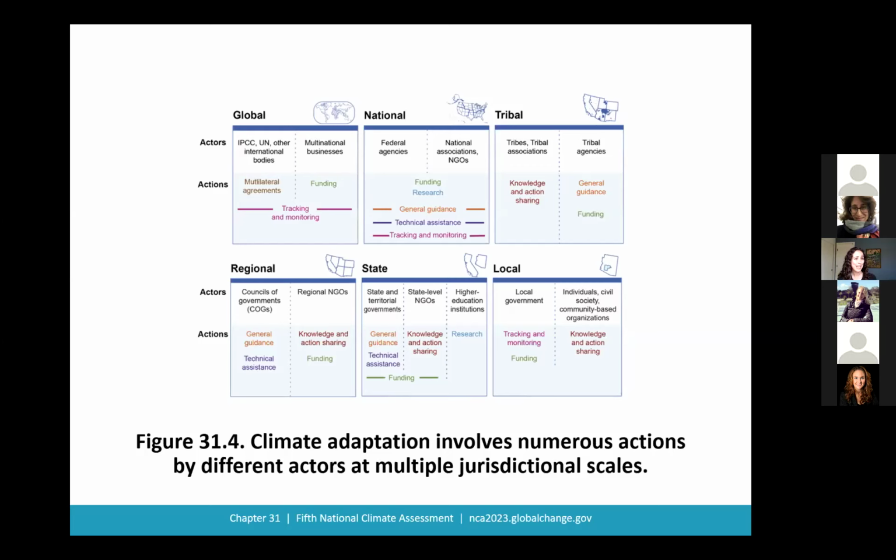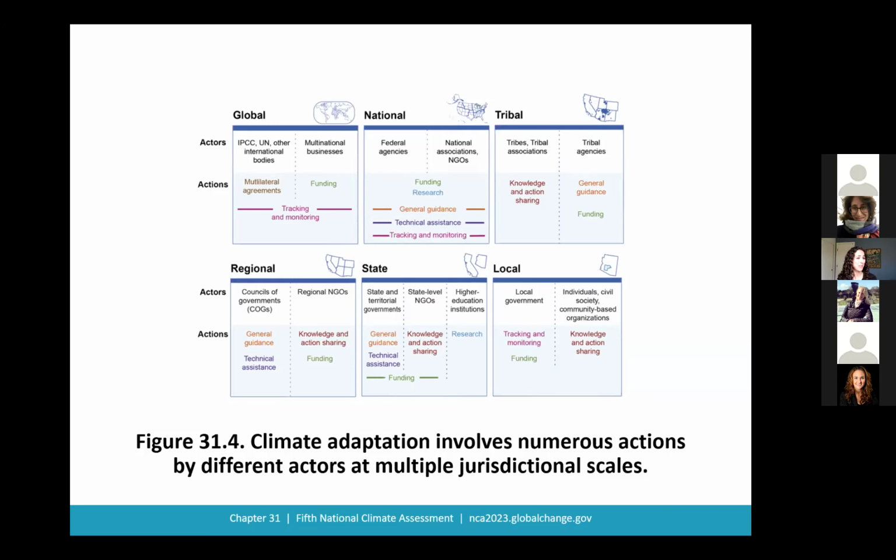And in particular, this coordination can help to minimize the potential for adaptation actions to benefit some people, some sectors, some regions at the expense of others. So that coordination can also help in achieving equity. And there are many, many different models for what effective collaboration and coordination might look like.